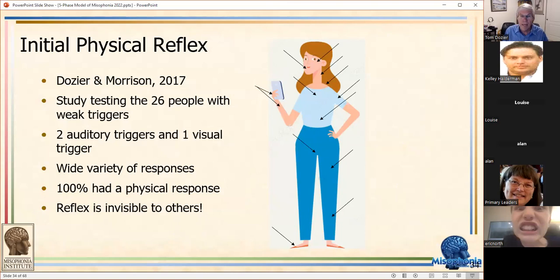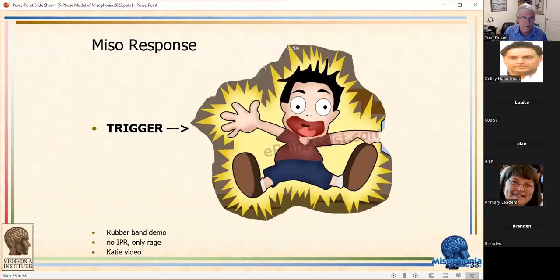So you can have different initial physical reflexes for different classes of triggers. But if you have a fist clench for auditory chewing triggers, then you'll have a fist clench for seeing somebody chewing, because that's been paired with the sound, and it'll have the same initial physical reflex.